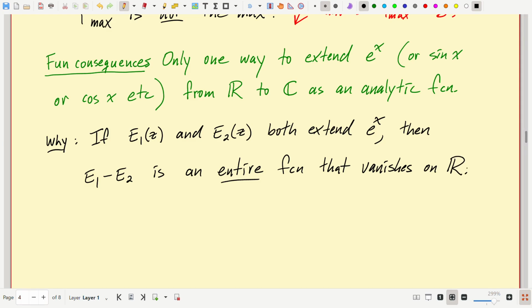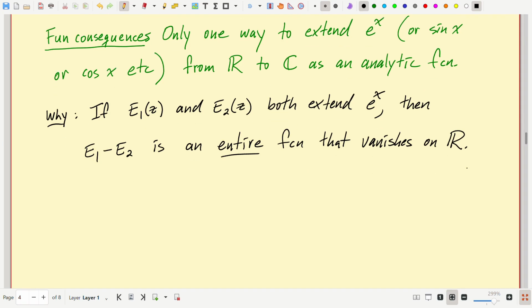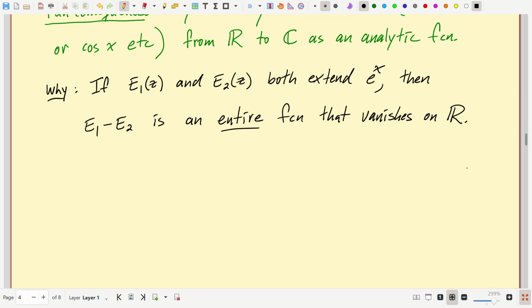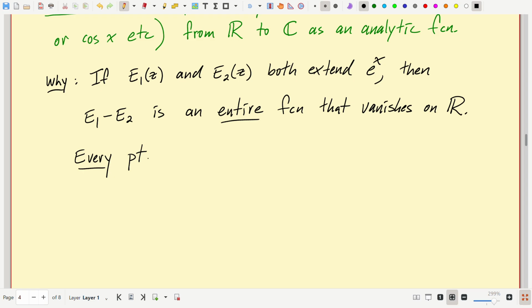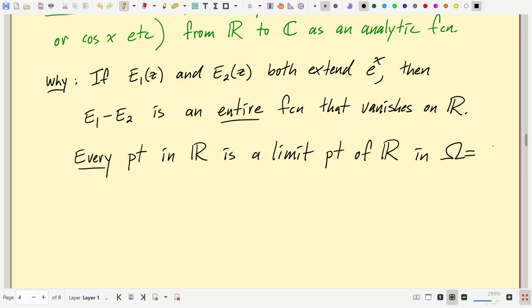And every point of R is a limit point of R, because the rational numbers are dense, so every point can be approximated by rational numbers. Every point in R is a limit point of R in omega, which is the whole complex plane.